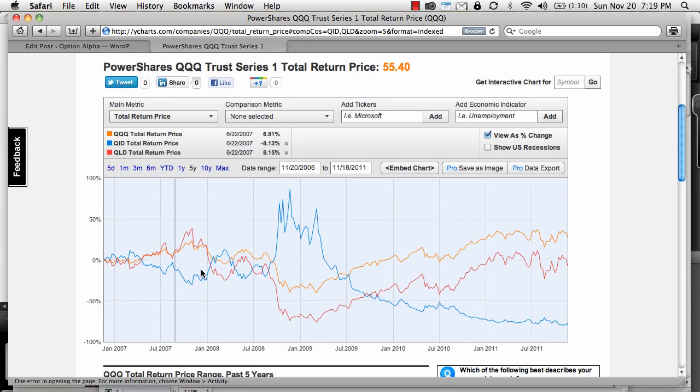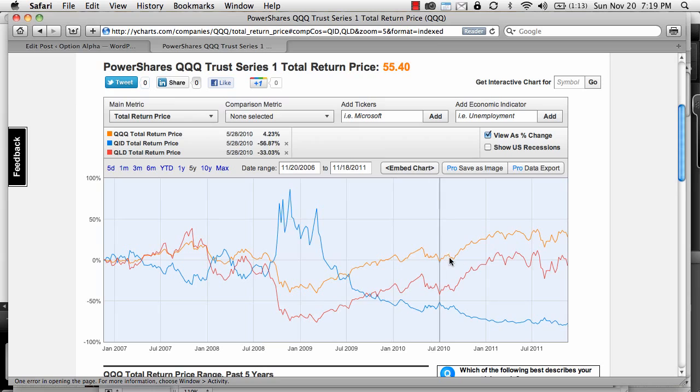So after 5 years, you can see we obviously had a really good return spike in the QID, which is the ultra short, during the market crash of 2008-2009. Absolutely, it definitely shows the advantages of having these in your portfolio if you are going to use them for short-term hedging or for short-term directional plays that you're going to speculate on. And you can see that as the markets were falling, these went up almost nearly 100% at one point.